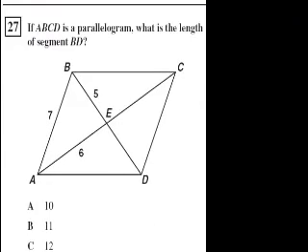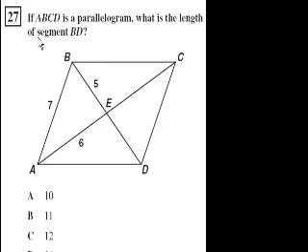Fair enough. Question 27. If ABCD is a parallelogram, so the opposite sides are parallel, what is the length of segment BD? So they want from here to here. And this is just another interesting thing. I'm not going to prove it right now, but this is a good thing to know, especially if you become a mathlete, because this shows up in math competitions every now and then.